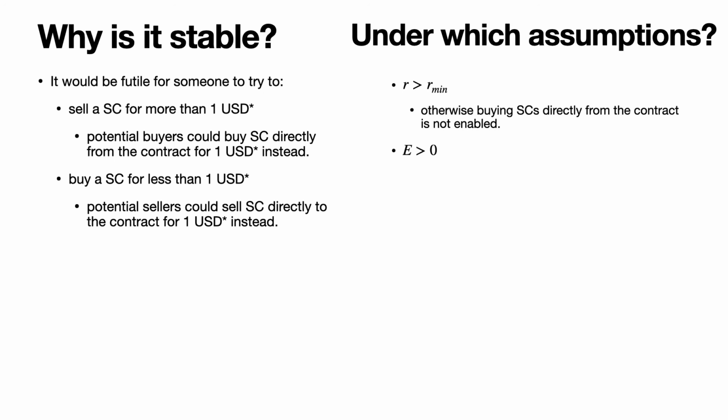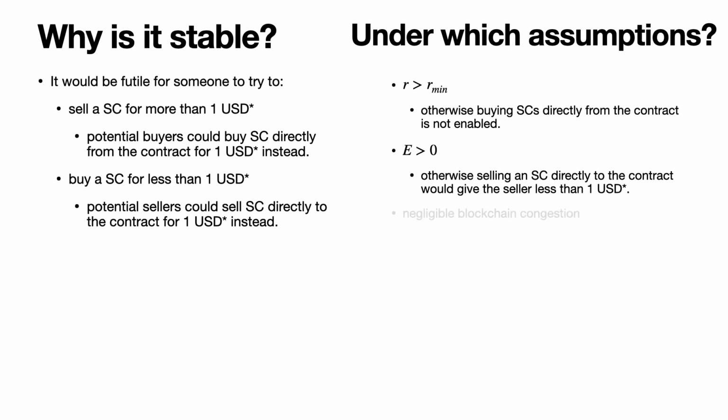Another assumption is that the equity has to be greater than 0. Otherwise, selling a stablecoin directly to the contract would give the seller less than $1. And finally, another assumption is that there should be no more than negligible blockchain congestion, right? Because the stability depends on users being able to buy and sell the stablecoins interacting with the contract. If there is blockchain congestion, they won't be able to interact with the contract quickly enough.